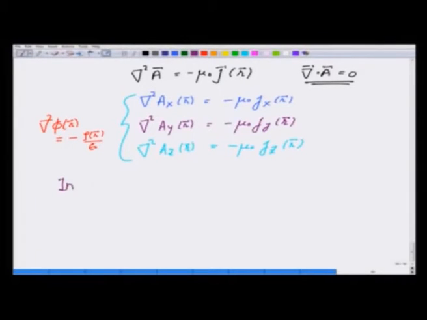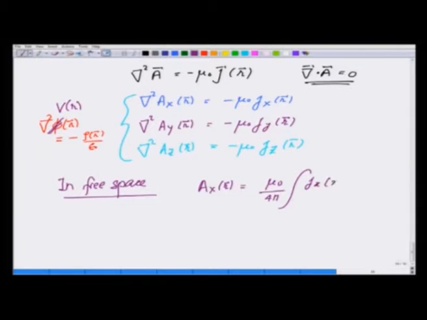So, in free space, we already know the solution for the electrostatic potential. Oh, I have been using V(r). So, I should be using V(r). In free space, therefore, A_x at r is going to be equal to mu 0 over 4 pi integral of J_x(r prime) over |r minus r prime| dv prime.